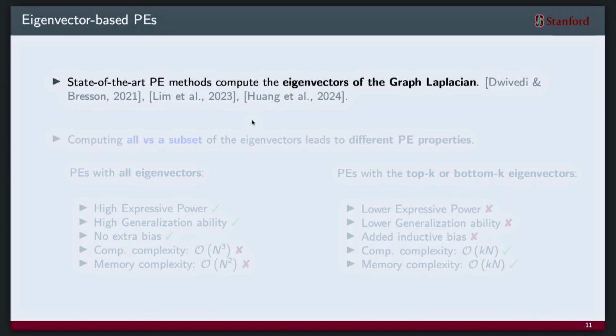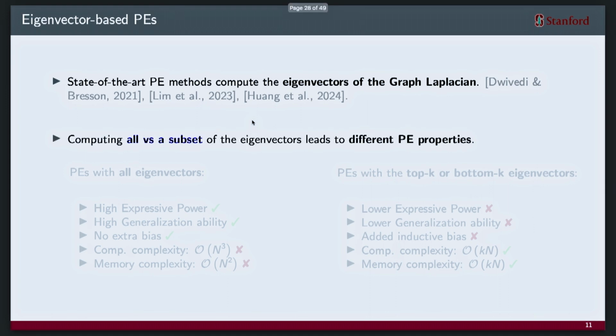Now, when a graph has n nodes, it usually has n distinct eigenvectors. The number of eigenvectors we use to design these positional encodings is a design choice, but not just a design choice, it defines the properties of the positional encodings.